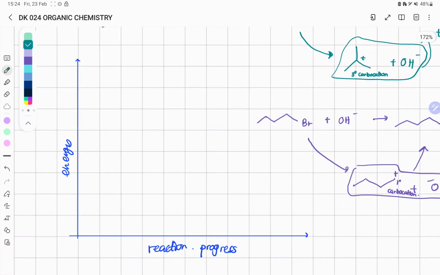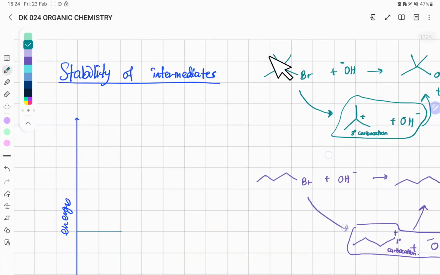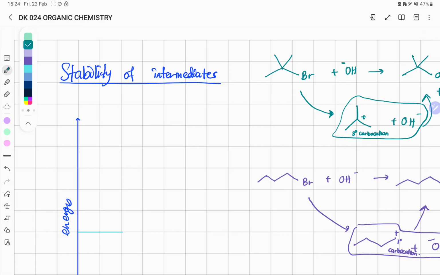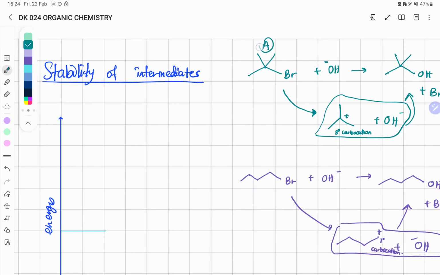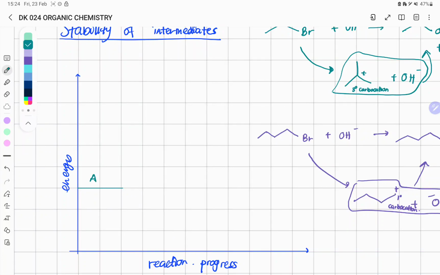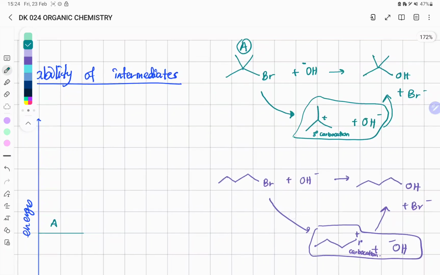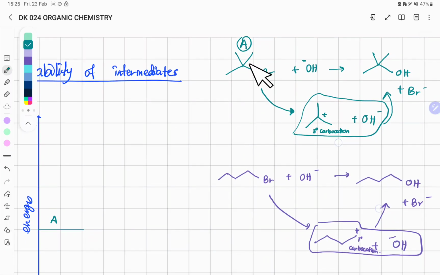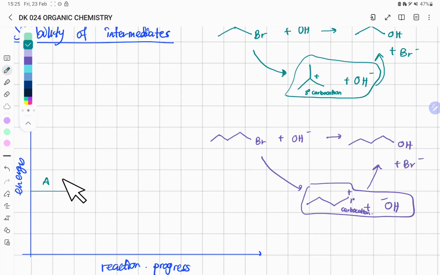So let's have a look at the green one. Let's say it starts from this energy here. So that will be the energy listing right here. I label it as A. I just want to focus on the organic compound only. So what happens when it wants to produce the intermediate, it needs energy to break this bond, right? To get this carbocation, it has to break this bond. To break a bond, does it need energy or release energy? It needs energy. So what is this energy?